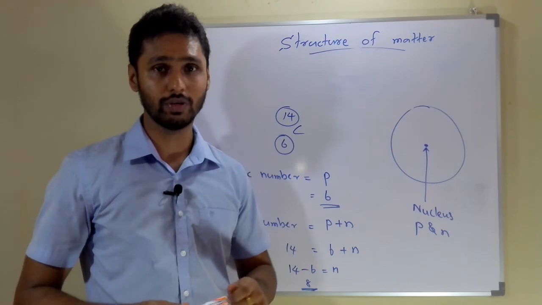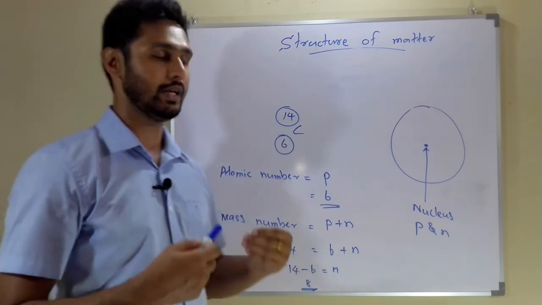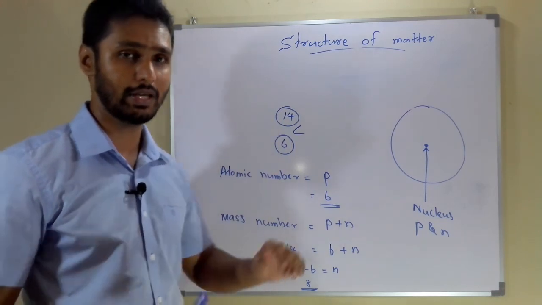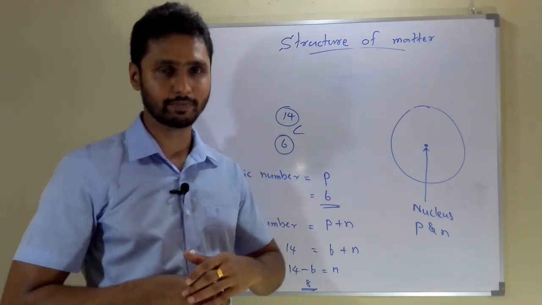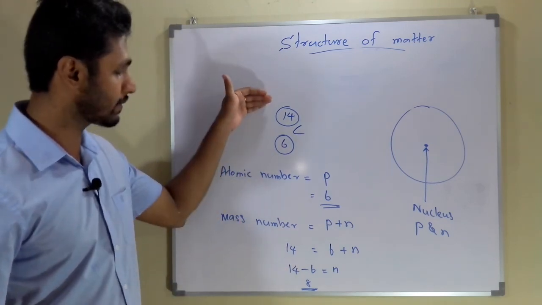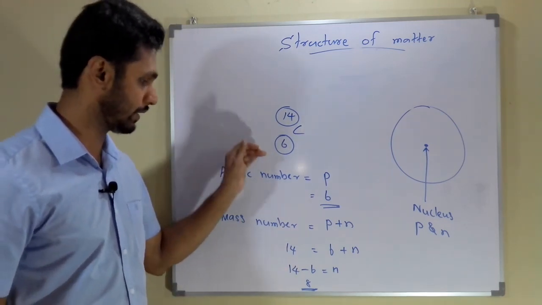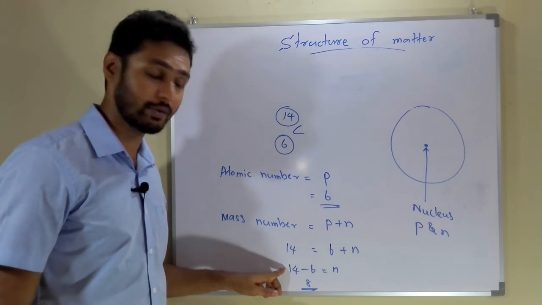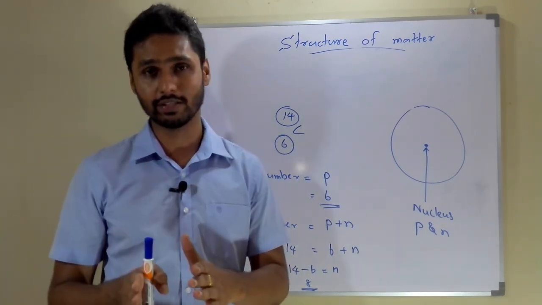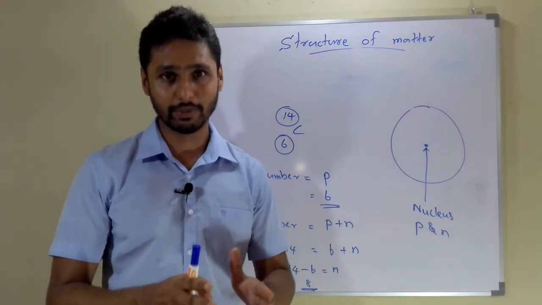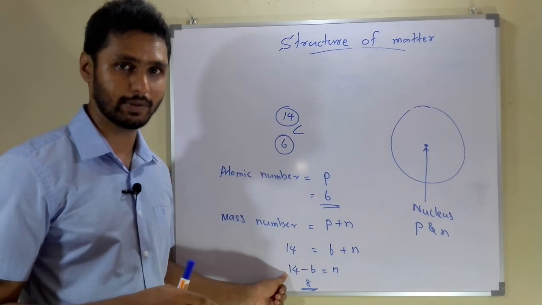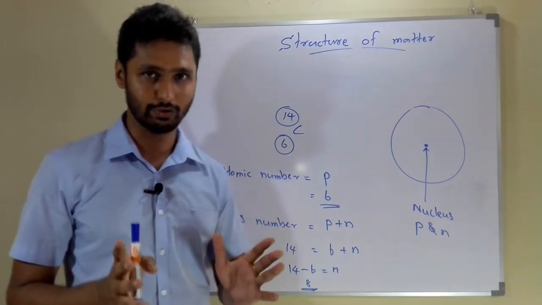This is how you calculate the number of neutrons by using atomic number and mass number. Or we can simplify this as difference between mass number and atomic number, because this is the mass number, this is the atomic number. Then you can subtract atomic number from mass number, then it gives the number of neutrons.